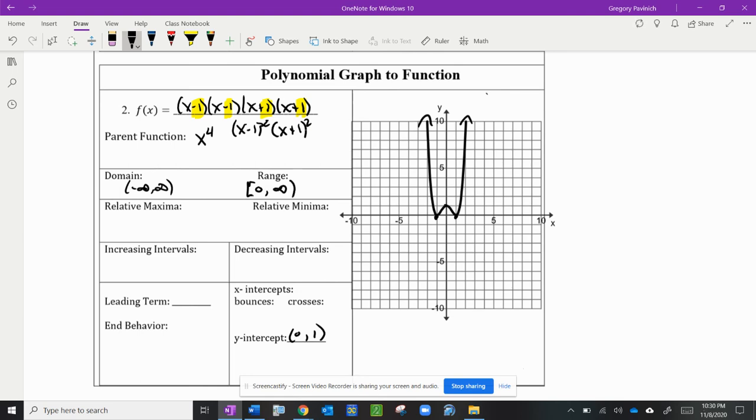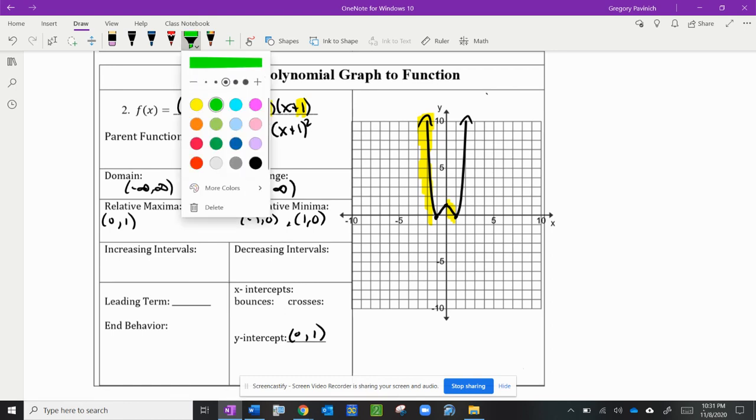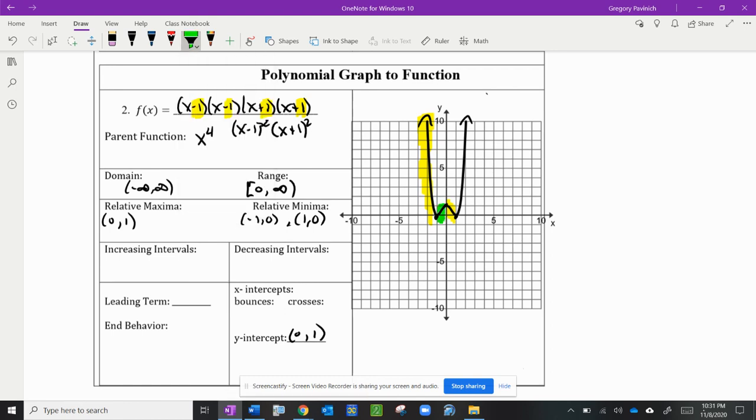Relative max, I got 1 right at the y-intercept, which is 0, 1, and I've got two mins, one at negative 1, 0, and 1, 0. I'm decreasing here, and I am increasing this little small spot and that. So if I'm going to do my increasing first, it looks like between negative 1 and 0.